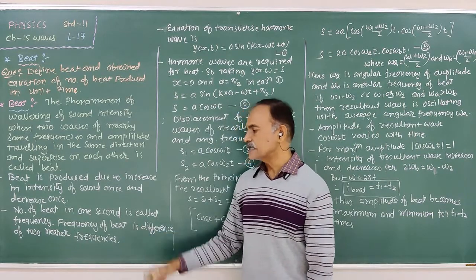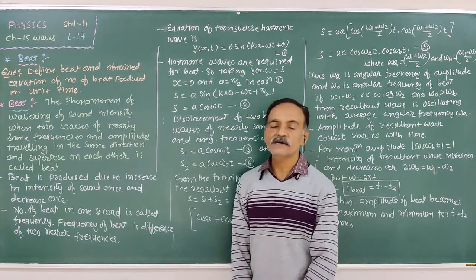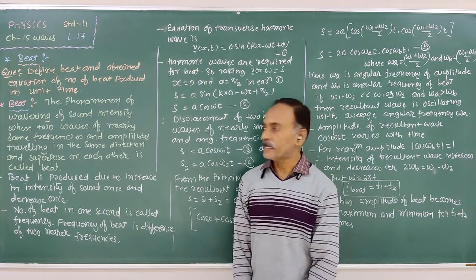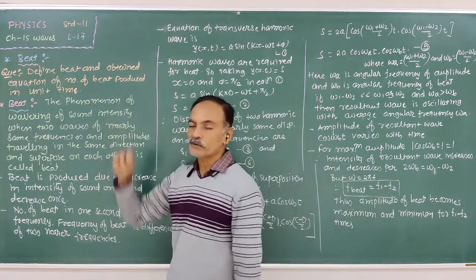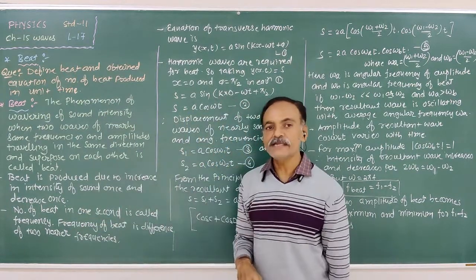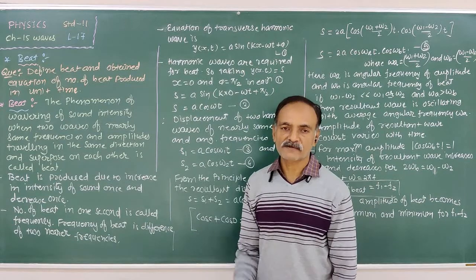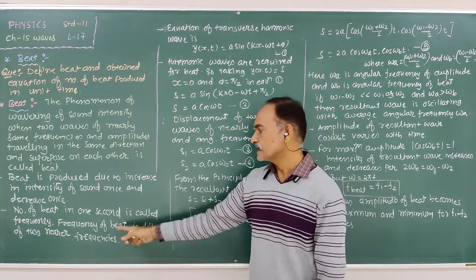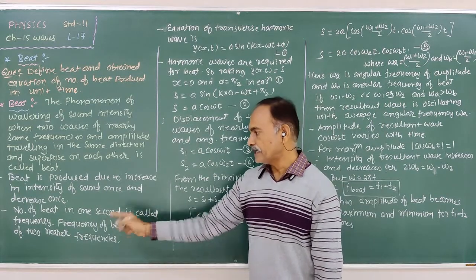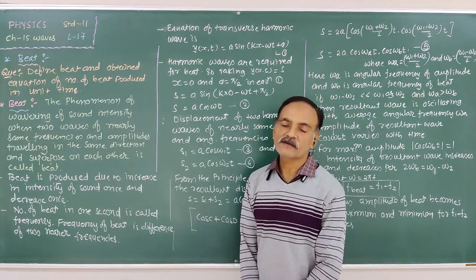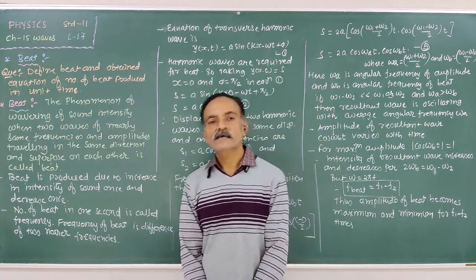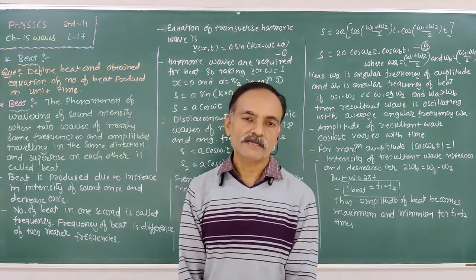Frequency of the beat is the difference of the two near frequencies. Our aim is to obtain the number of beats produced in unit time. Therefore, the number of beats in unit time is actually the frequency, and the frequency of the beat is the difference of the two near frequencies. So in short, we have to obtain the equation of the frequency of the beat.